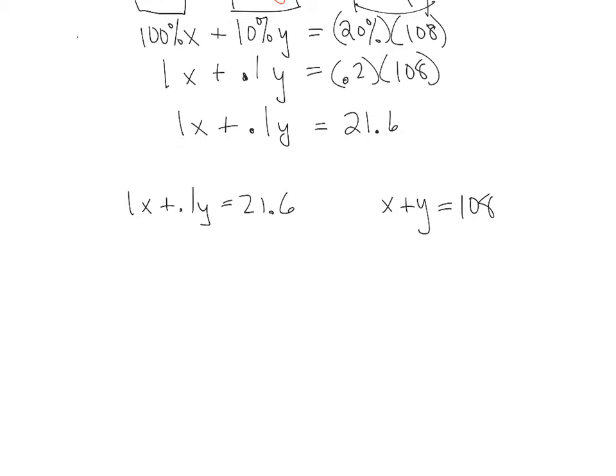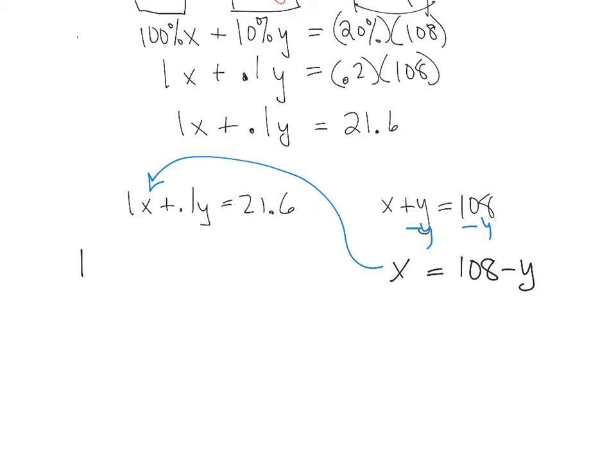And so we can solve for x. It doesn't matter which one we solve for, or we could solve for y, but I want to do x because I think it's easiest on this one. So let's subtract y from both sides, and so we end up with x is equal to 108 minus y. And so now wherever I see an x, I'm going to replace it with 108 minus y.